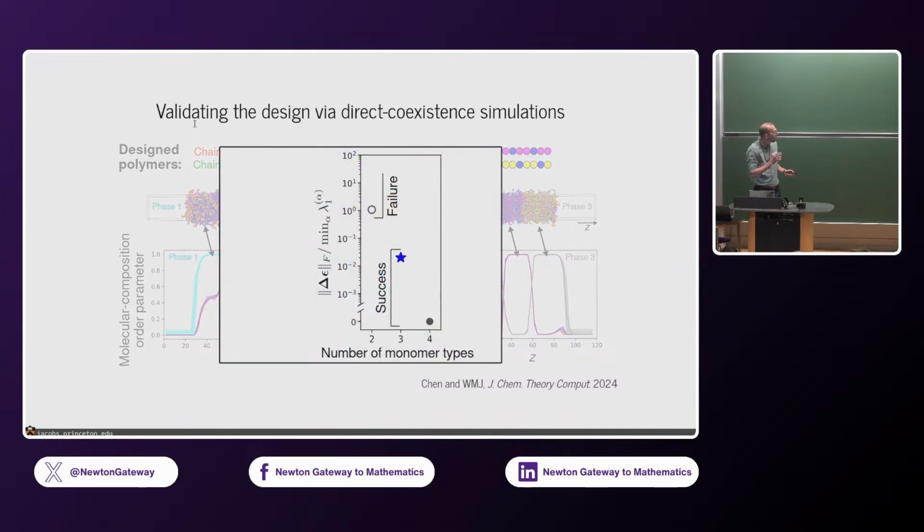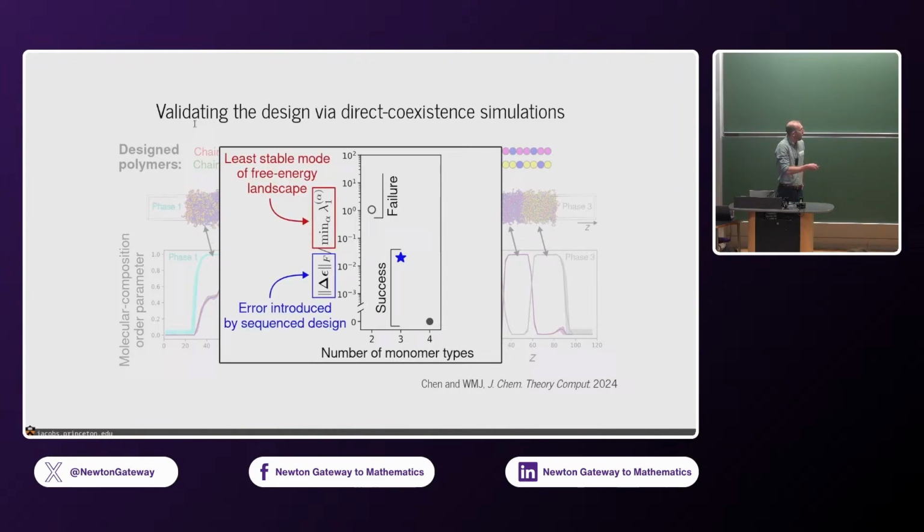Okay, so you can ask, is this actually the simplest possible solution that would create this multiphasic structure? According to this mean field theory, you should be comparing the error that's introduced by reducing the number of monomer types to something about the stability of your free energy landscape.